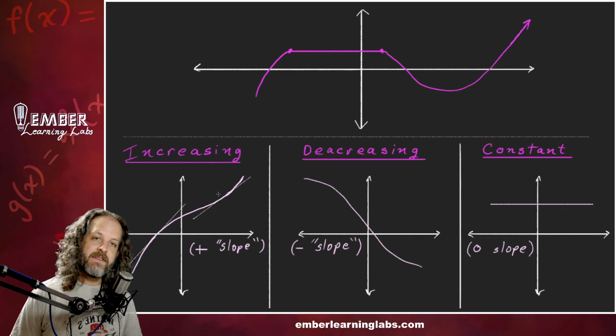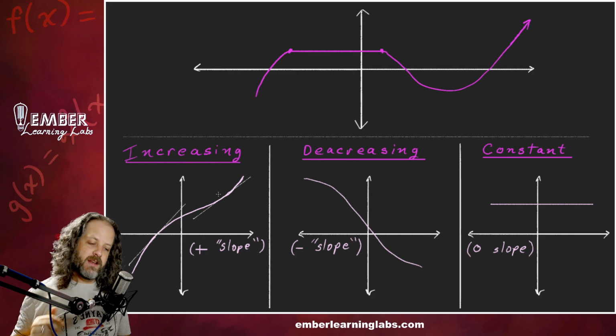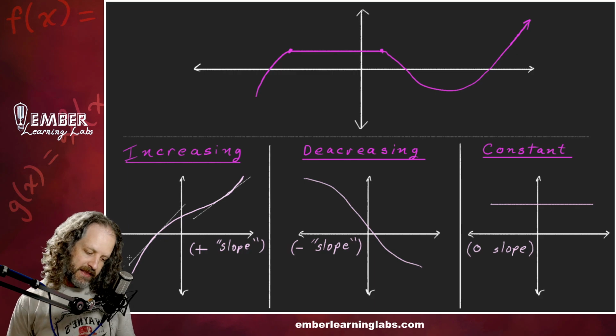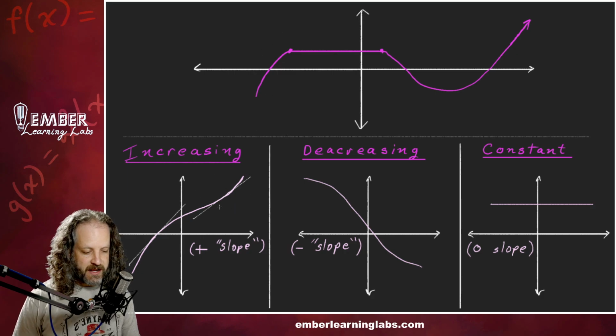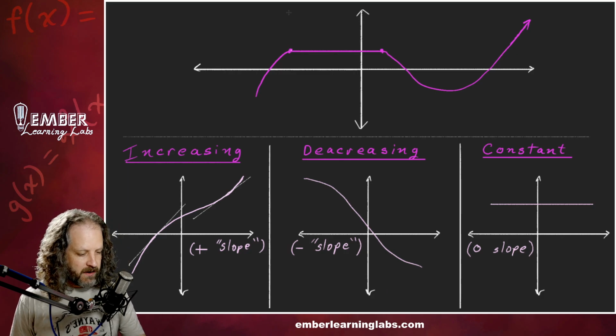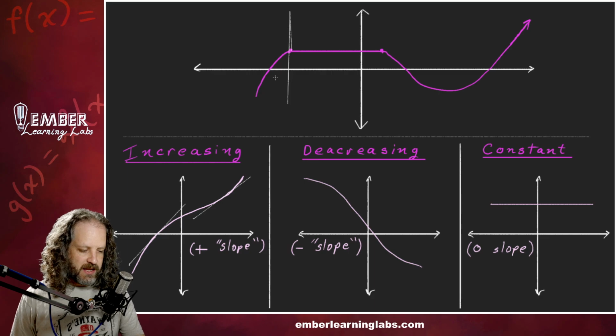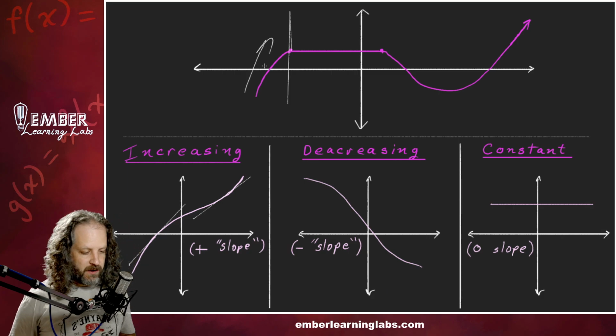That line would have a positive slope. It's going up and to the right. So from here down is increasing. This graph is increasing. It is going up. It's got a positive slope, right?